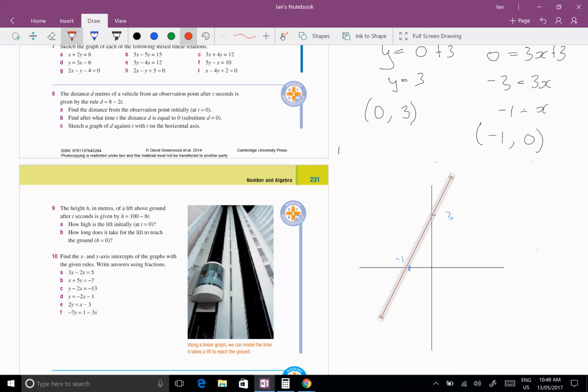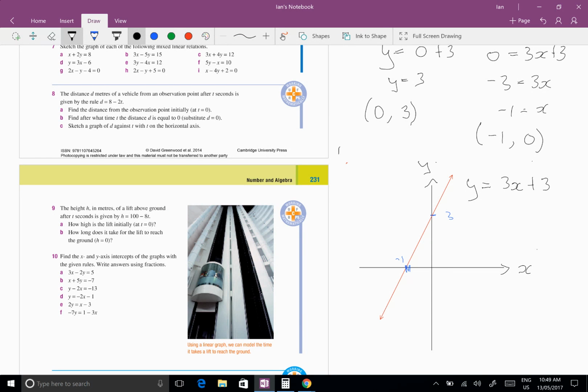And we get our equation, which is y equals 3x plus 3. And this point, -1, is about there. So that's that one. Well, let's indicate the axes. Now, it's always important to indicate the axes. And that one's correct.